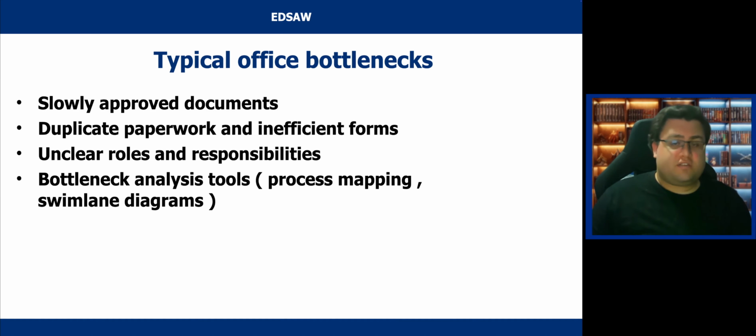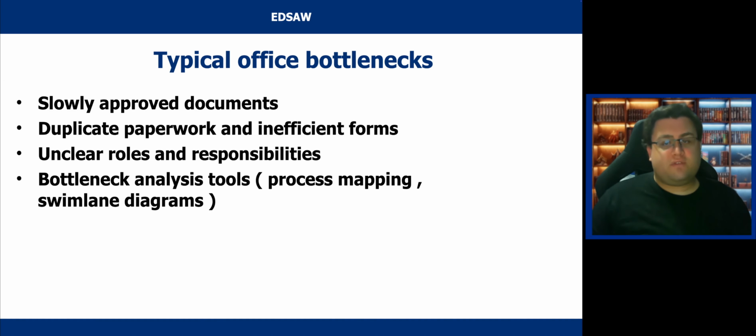Office processes often have bottlenecks that slow down or completely stop the flow of work. One of the most common problems is slow document approval. An invoice, contract, or order sometimes waits for days or even weeks just because the person responsible does not have time. Another typical bottleneck is duplicate paperwork or inefficient forms.